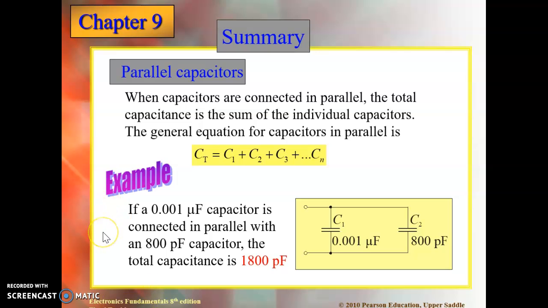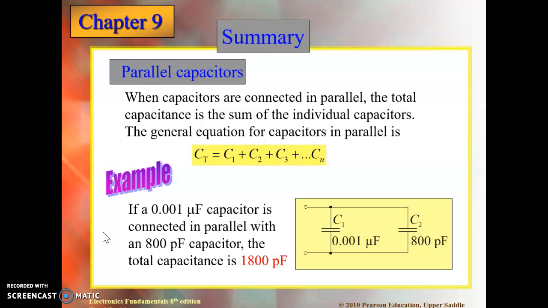Now, how to do parallel capacitors. When capacitors are connected in parallel, the total capacitance is the sum of the individual capacitors. The general equation for capacitors in parallel is, the total capacitance once they are connected in parallel is just their algebraic summation of each individual capacitance. It is backwards to when we have resistors, right?